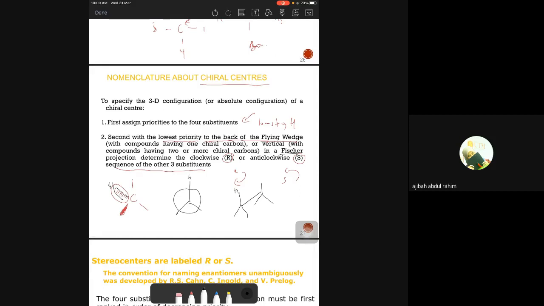So now once you put the hydrogen at the back, based on the other three substituents, maybe substituent 1, 2, and 3, you will determine, according to the order of priority, whether it rotates to the right or rotates to the left. Rotate to the right will be R, rotate to the left will be S.